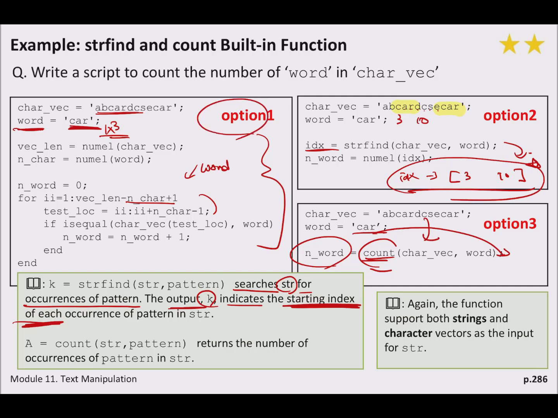But again, to improve your programming skill, you need to know this option 1. Once you know option 1, you can easily get option 2, option 3, because you're used to writing these types of scripts. But if you only know option 2, option 3, you cannot write a script like option 1. Your actual problem is not that simple, right?